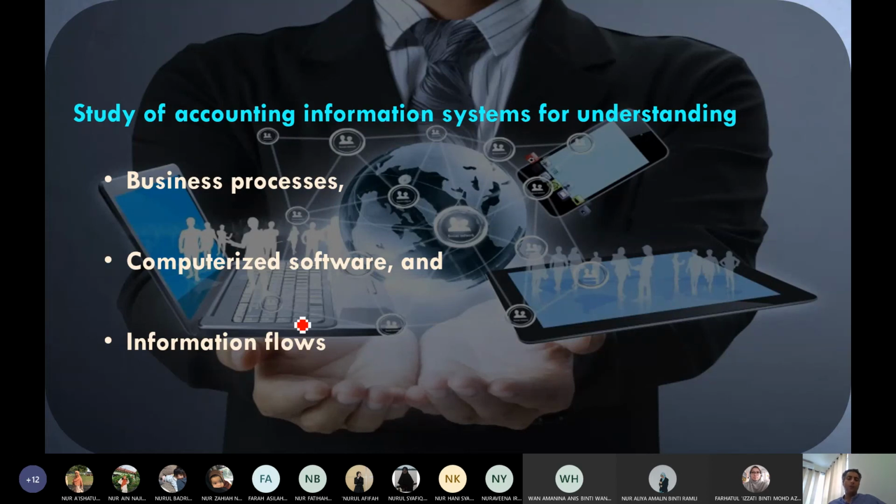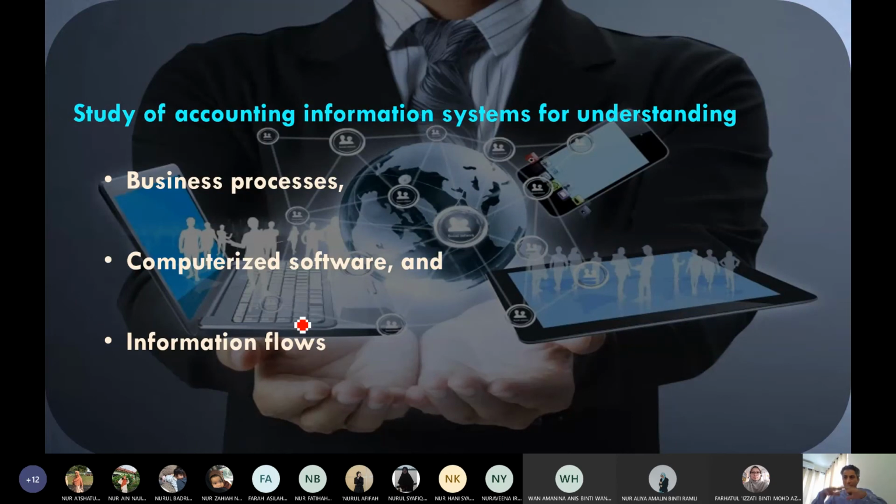And here, when we talk about business process, we don't mention just the financial and accounting transaction process.